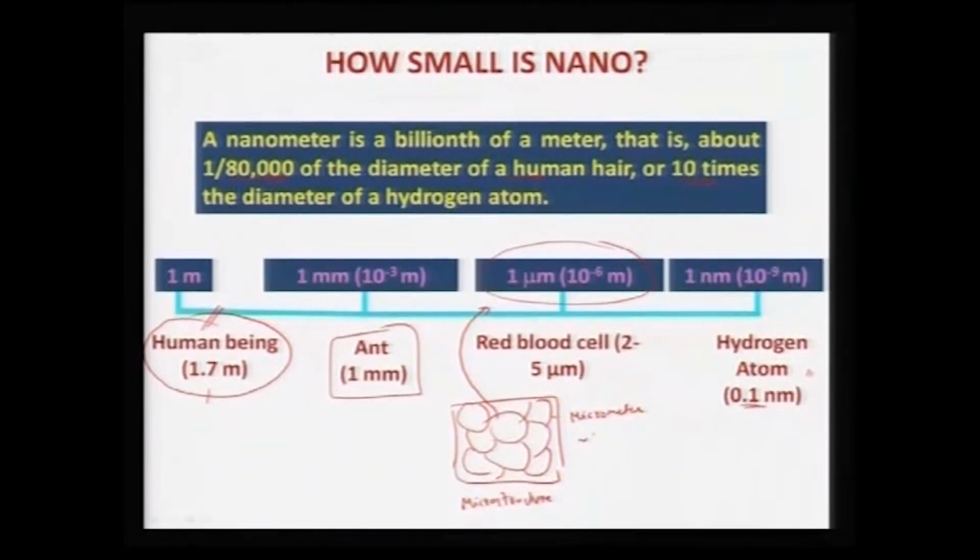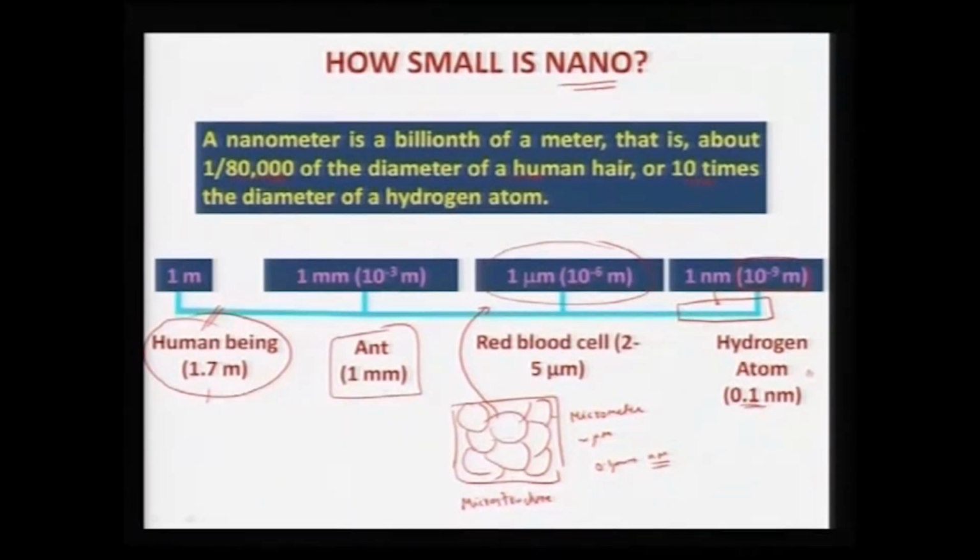When I refine the grains to the sub-micrometer range, less than 0.1 micrometer, then I am talking about something at the nanometer level. So, the range I am worried about is 1 nanometer or 10 power minus 9 meter, which is approximately 10 times the diameter of the hydrogen atom.